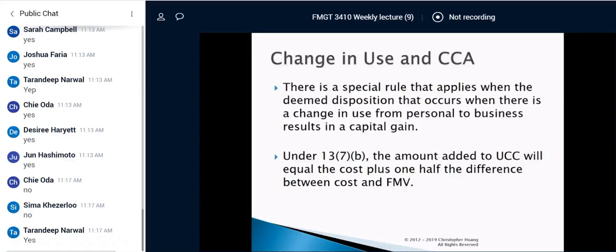And when you do that, you have to do what they call an assignment. You have to say to the condo company, hey, I entered this contract to buy this unit from you, but you know what? I'm selling this contract to someone else now. They're going to take over the ownership of the unit when you're complete. And so you have to assign the contract to that other person.